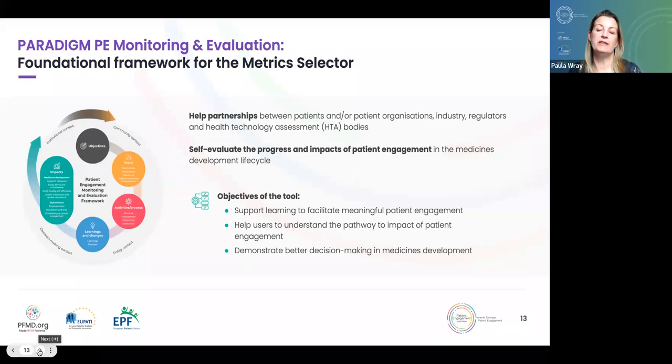One of the key elements of the tool was to have discussions between the two groups, the patients, the researchers and the organization, to really make sure that we're all working together. And it's quite a good way to self-evaluate the progress and the impacts of your patient engagement.